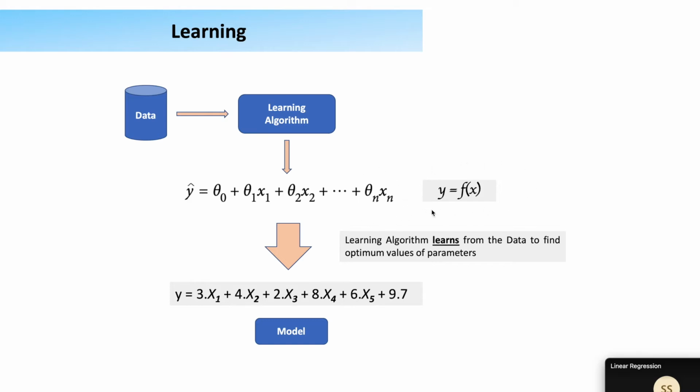This is another notation you may have learnt in schools and colleges: if you want to represent a function between y and x, you can write y equals f of x. That means y equals a function of x, and this function here is a linear equation. What is the linear regression algorithm learning in this case?